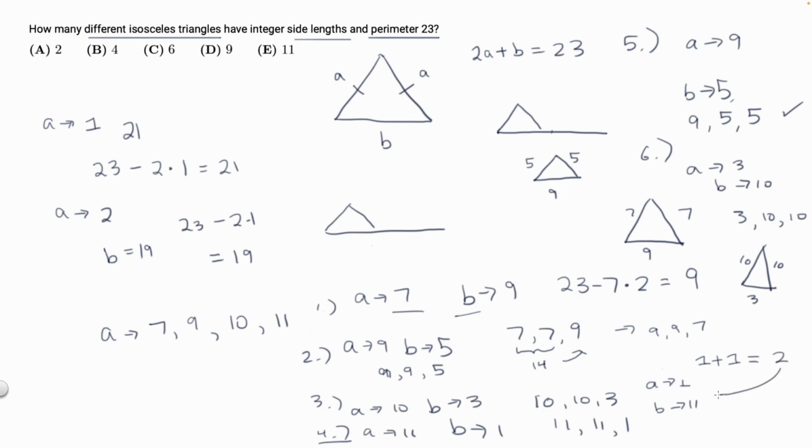So 2 is not greater than 11. That violates the triangle inequality theorem, because if we had 1, 1, and the third side equals 11, this would not be a triangle. So we have a total of 1, 2, 3, 4, 5, 6 options that work, so C is our answer.